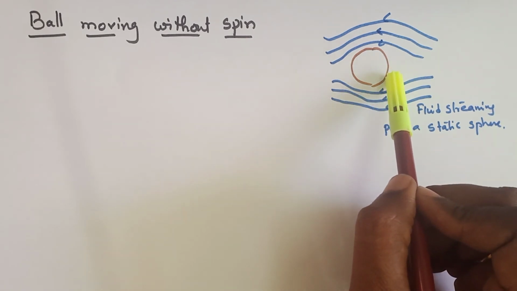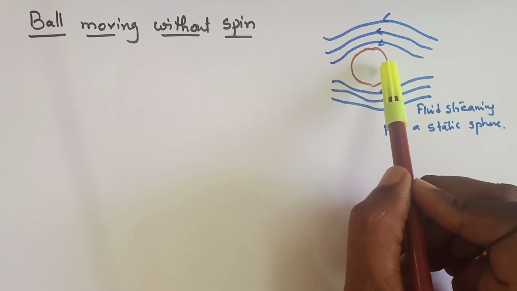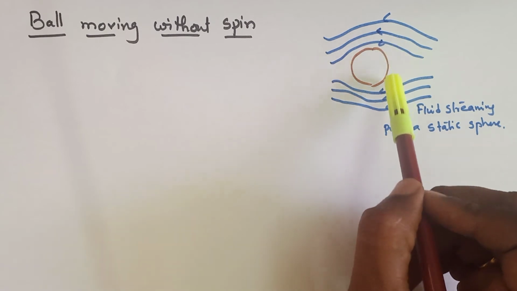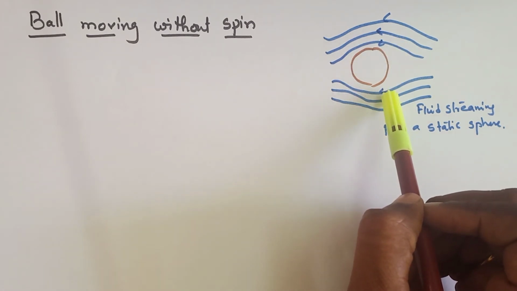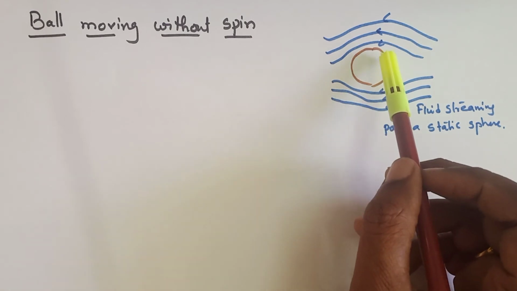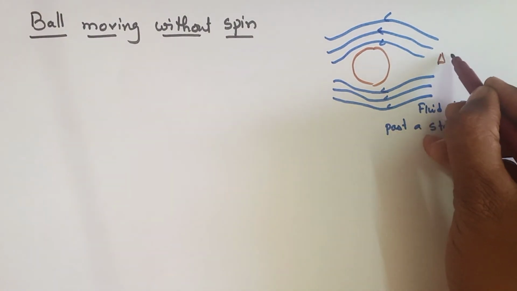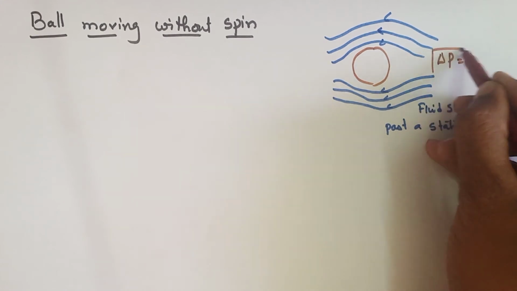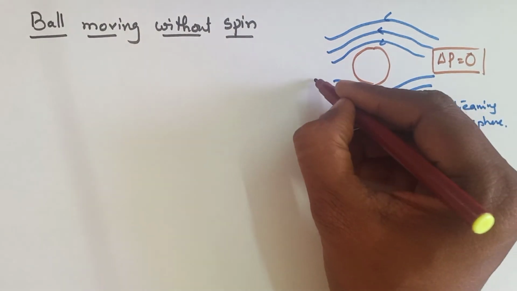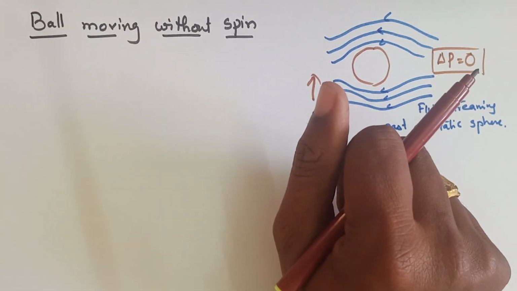From the symmetry, the streamlines are very clear that the velocity above the ball and below the ball are the same. So whatever pressure is maintained above and below is the same. So the pressure difference ΔP is equal to 0. Therefore no upward force occurs, so lift does not occur.